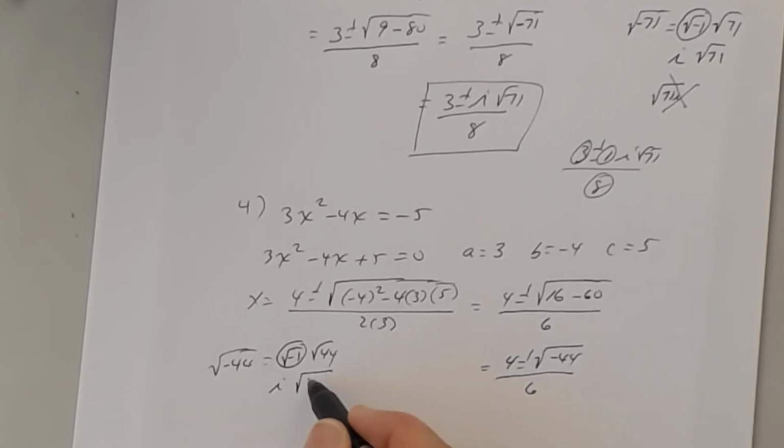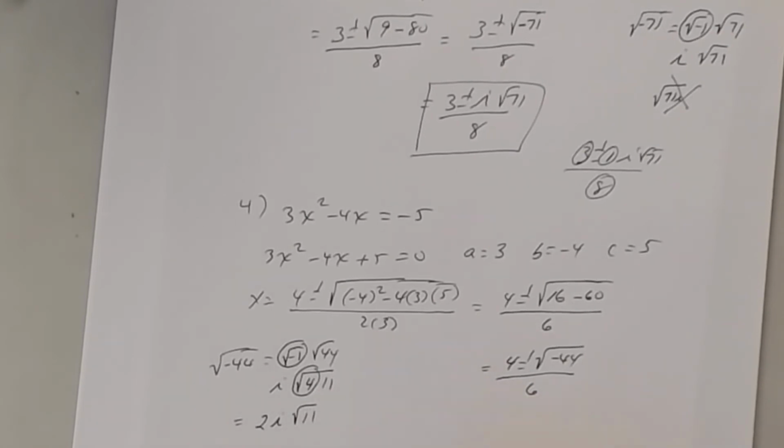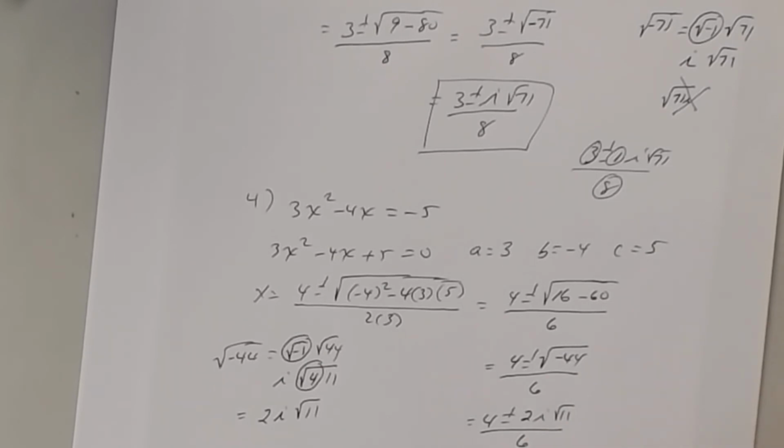So I can rewrite this as 4 times 11. And the square root of 4, I know, is what? 2. So this becomes 2i square root of 11. So that goes here. So that becomes 4 plus or minus 2i square root of 11, divided by 6.